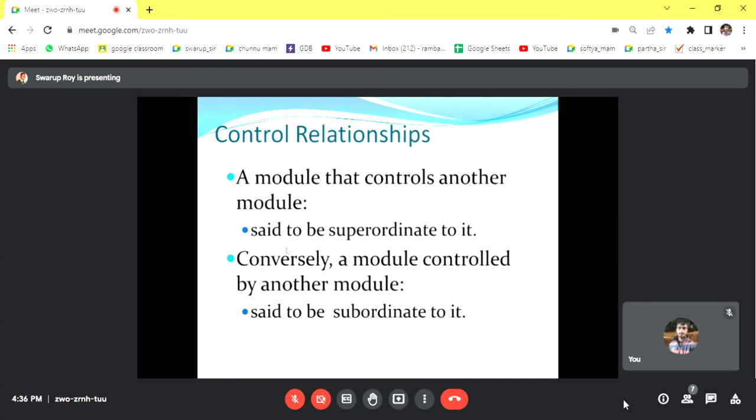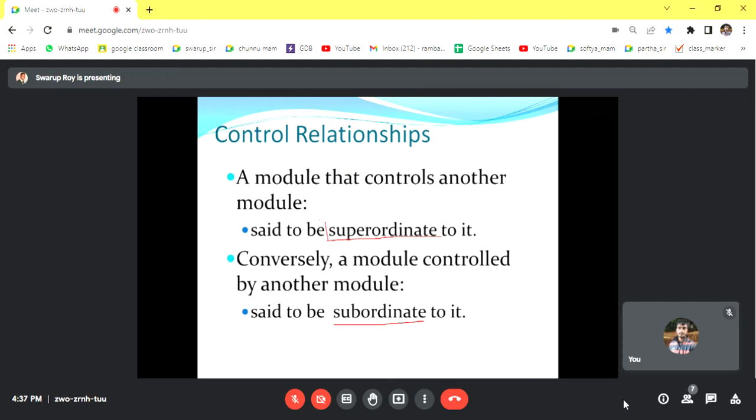Another concept is called superordinate and subordinate. What is that? If a module controls another module, that is the boss module, then we call it a superordinate. That means if a module sends some control message, say flag 0 or 1, then only the other will work.